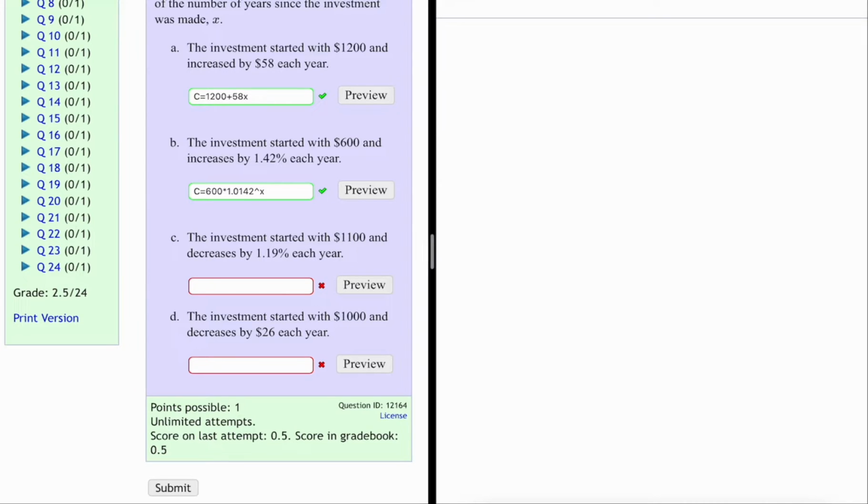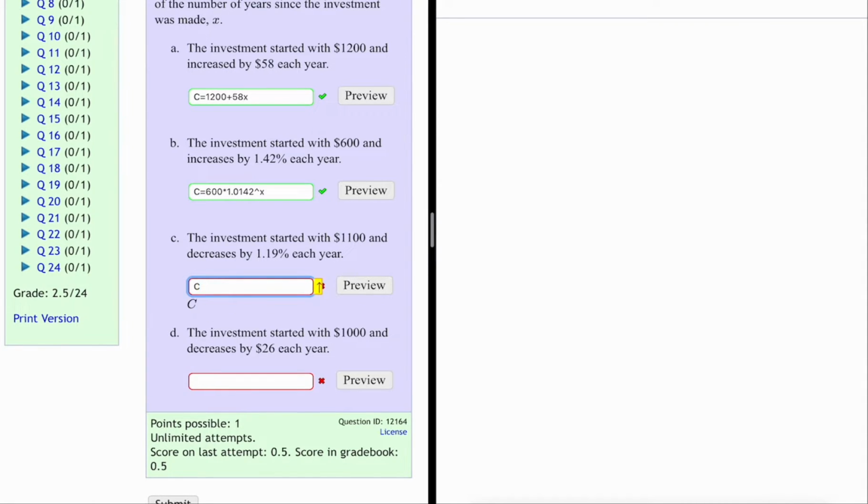Now, part C would equal the starting value, 1,100, times our 100% decreasing by 1.19. 100 minus 1.19 is 98.81%. But in the formula, we want the decimal value to show. So let's make that 0.9881.